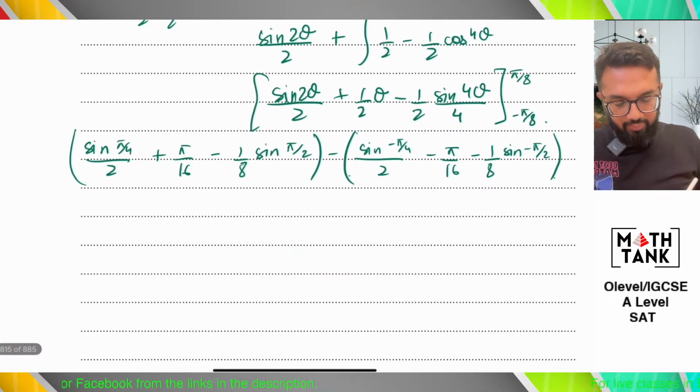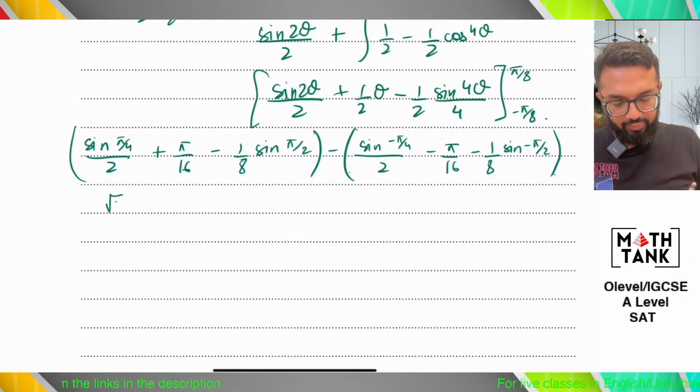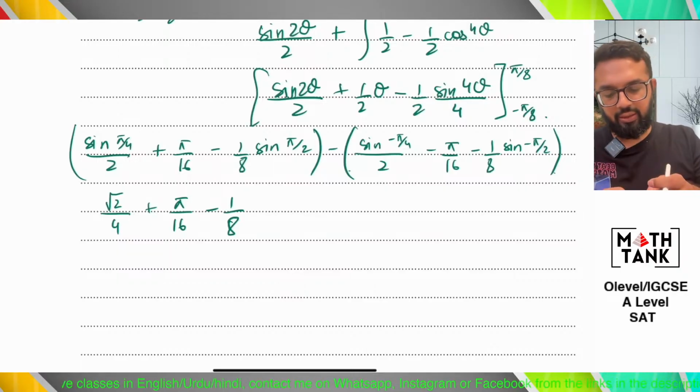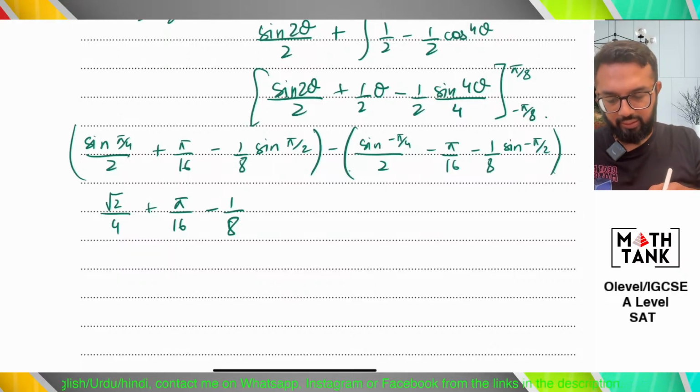Okay, so sine pi over 4 is root 2 over 2, so that gives me root 2 over 4. Sine pi over 2 is 1. Okay, what's sine minus pi over 4? That should be minus root 2 over 2.